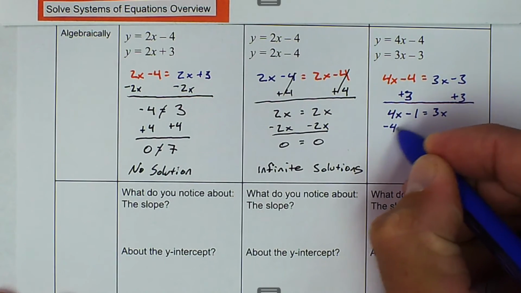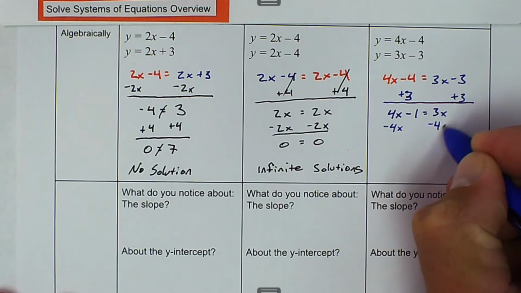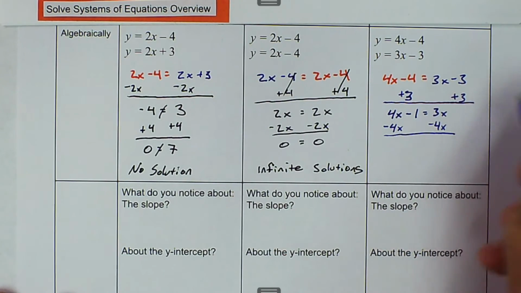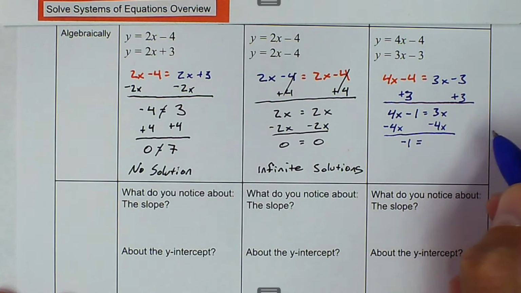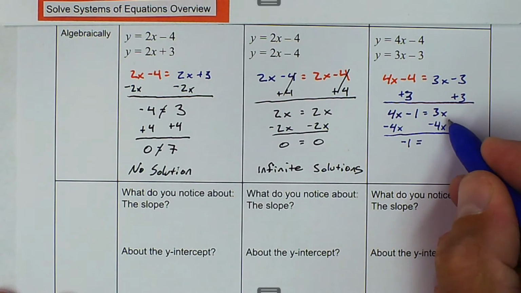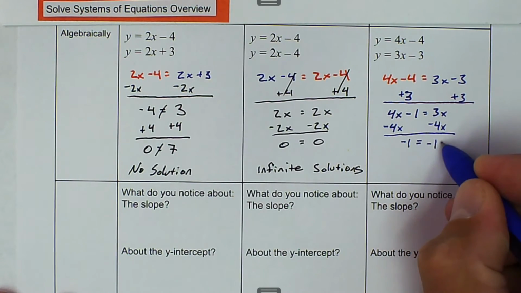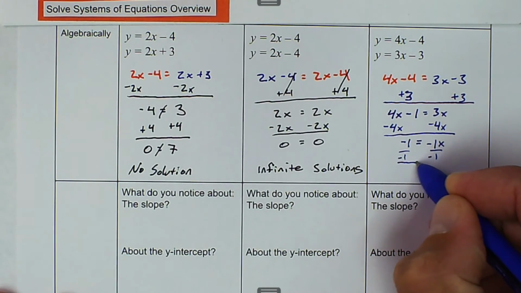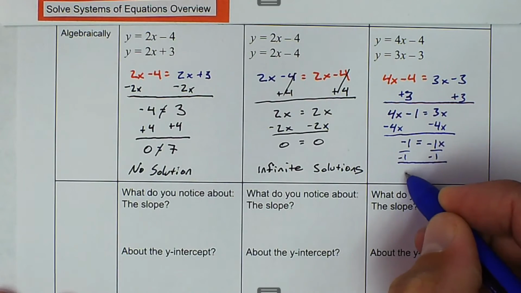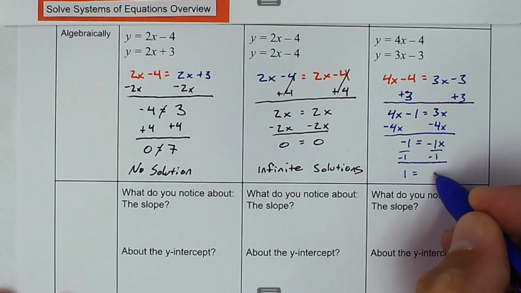And then we could subtract 4x from both sides. And then we get negative 1 is equal to negative 1x, and divide by negative 1, and divide by negative 1. And we get 1 is equal to x.